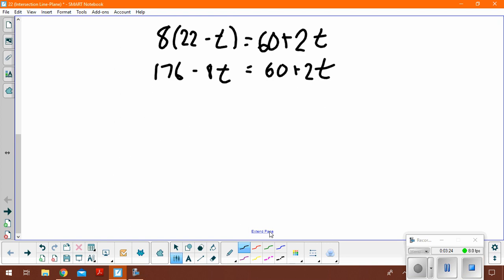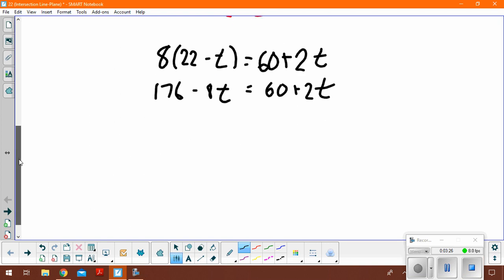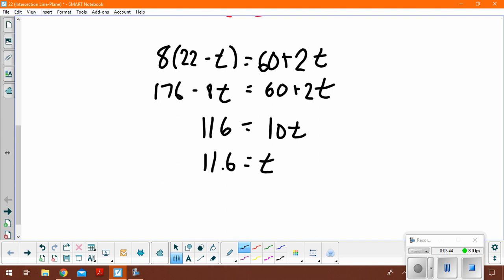I'm really hoping this is going to work out to nice numbers, but I'm not sure that it will. t comes over, so I have 10t. 60 comes over, it's 116. So that's a reasonable decimal: 11.6 is equal to t.